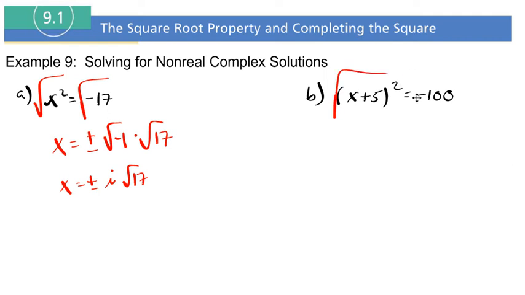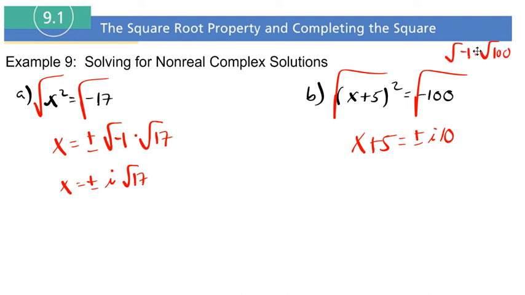Here, let's solve for x. Take the square root of both sides. So I get x plus 5 equals, I'm just going to do this whole move in one step now. The square root of -100 is plus or minus i, and the square root of 100 is 10, right? We don't need to put a radical here because the square root of 100 is 10, but we put the i because it's square root of -1 times square root of 100.